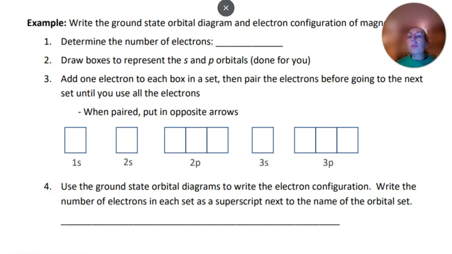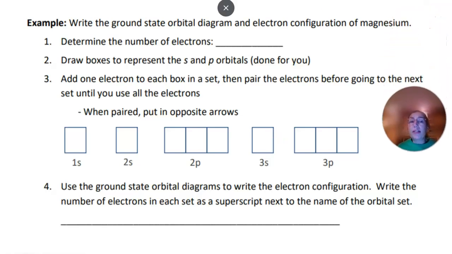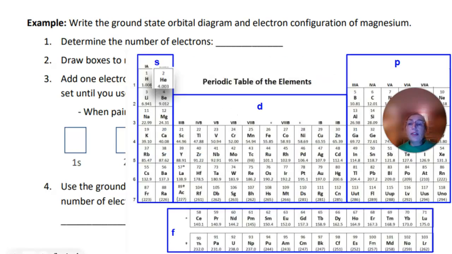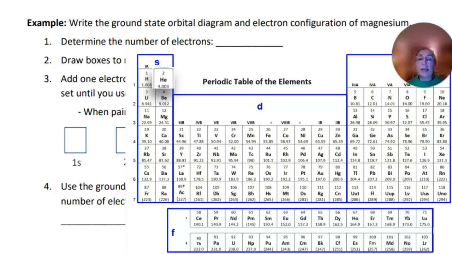Okay, so let's do some more practice. This says, write the ground state orbital diagram and electron configuration of magnesium. So we need a periodic table, and we need to find magnesium on this table. So magnesium is right here.